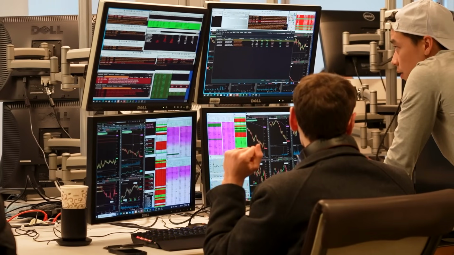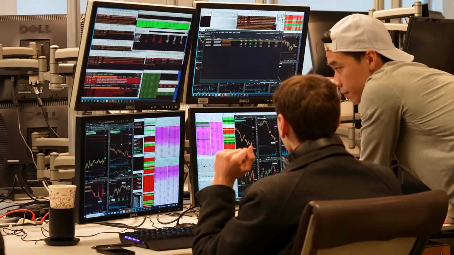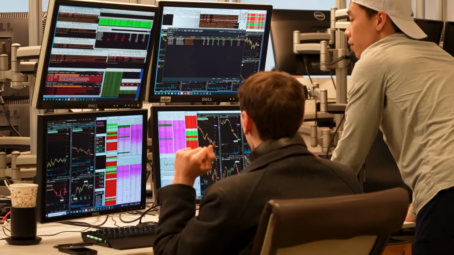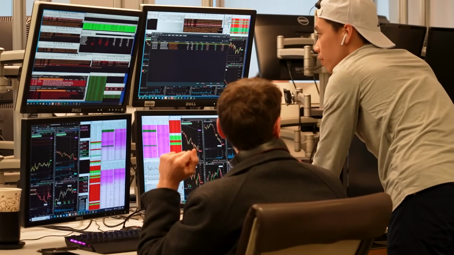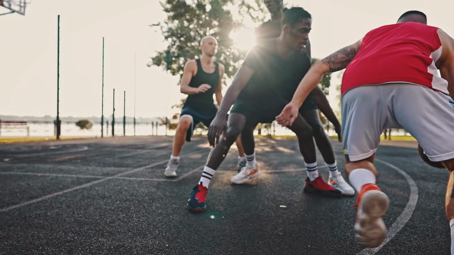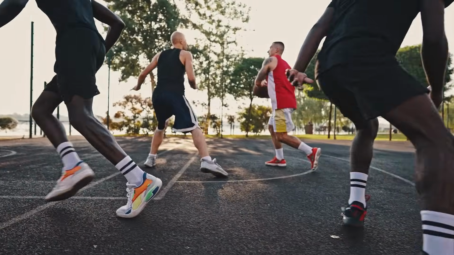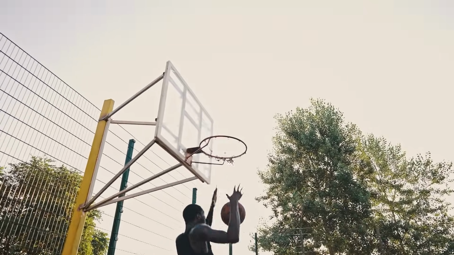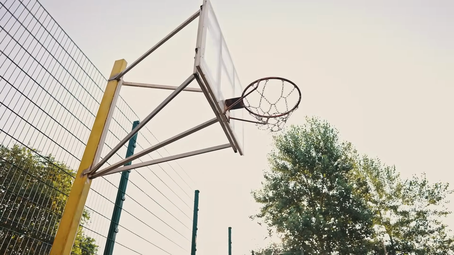Now, a key component of most of these higher time frame players is they're pretty good at not forcing risk. They're really good about letting things come to them. It's like they're the players on the basketball court who are constantly moving around and look like they're running all over the place, but in reality, they know exactly where they're trying to get to. You can see these players all the time.